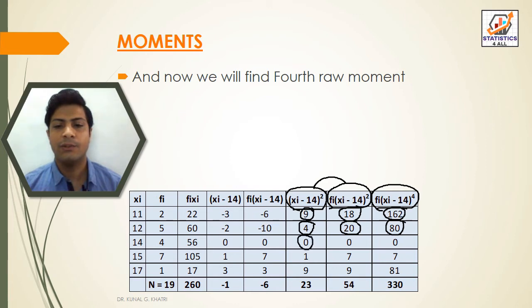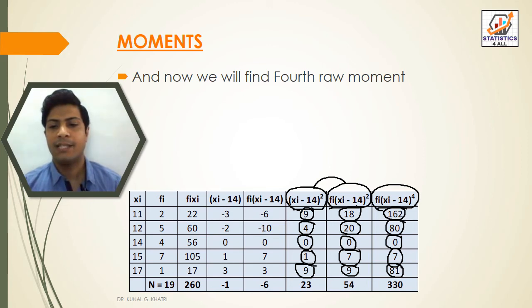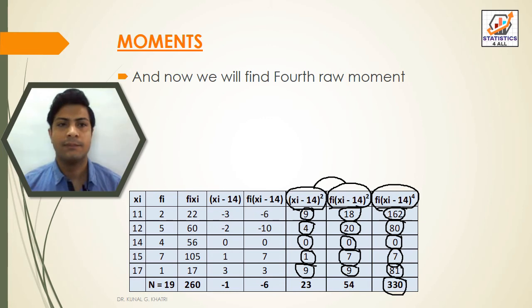Then 0 into 0, that is equal to 0. 1 into 7, that is equal to 7. Then 9 into 9, that is equal to 81.